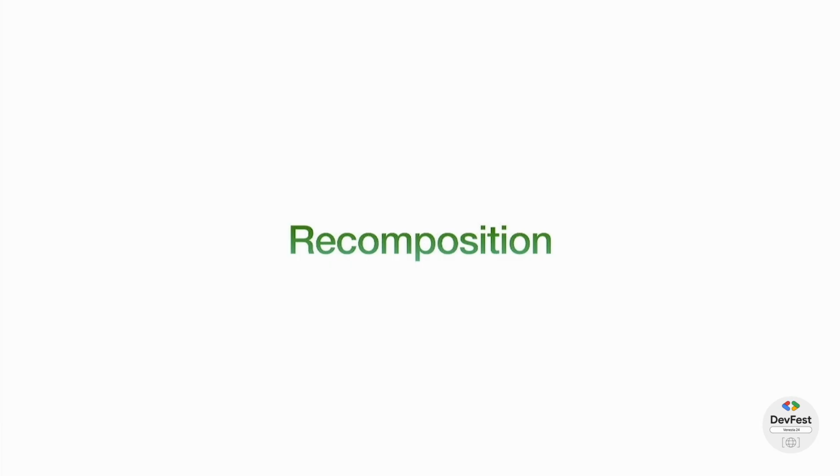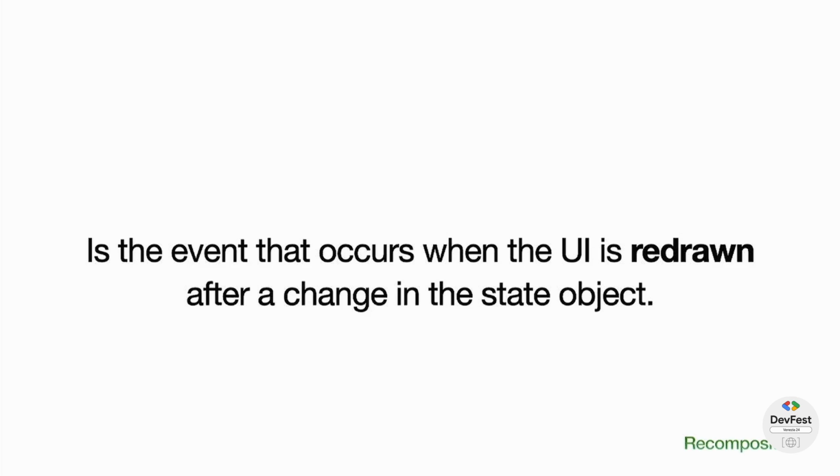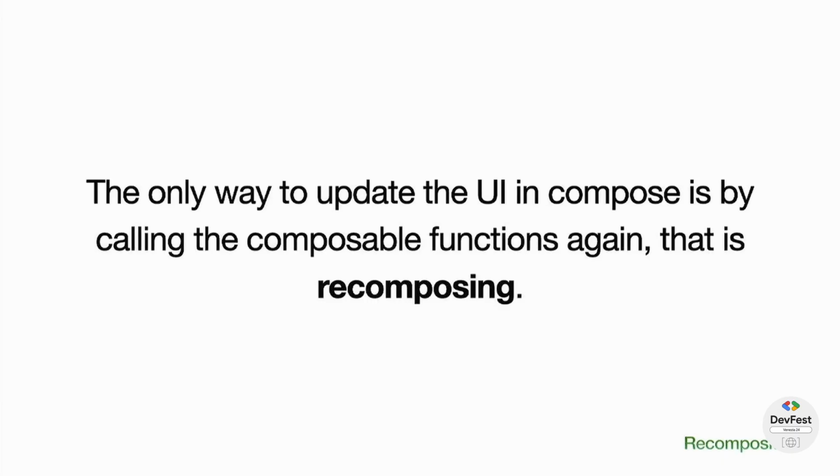So if that's the composition, what is recomposition? Recomposition is essentially the event that occurs when the UI is redrawn, after the second time and on, when the state object has changed. The only way to update the UI in Compose is by calling the composable functions again.